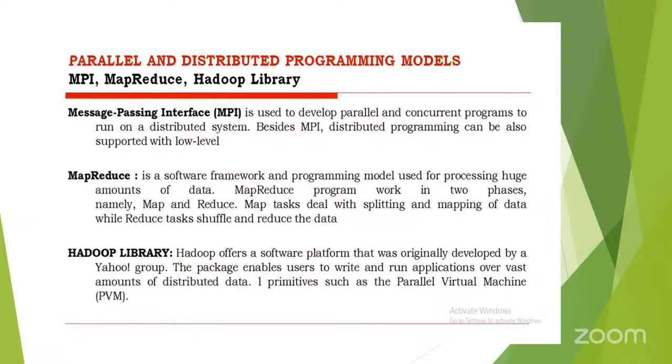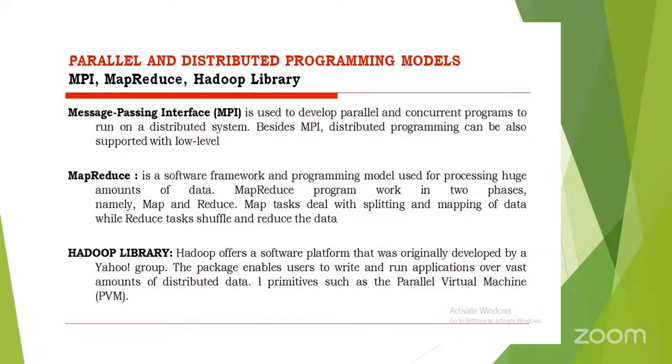First, listen. The first model is MPI. What is MPI? Message passing interface. MPI is used to develop parallel and concurrent programs to run on distributed systems.